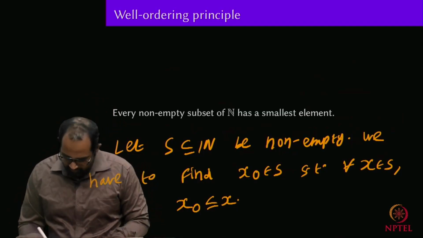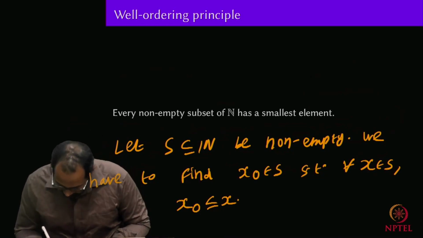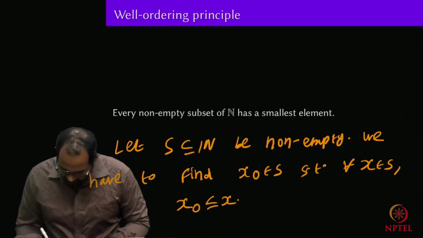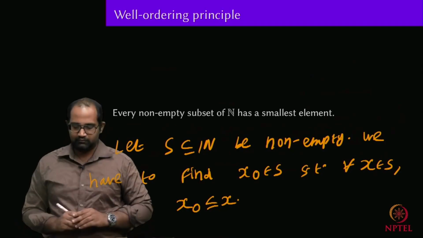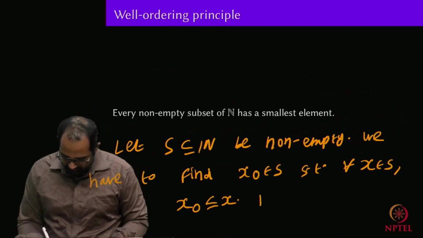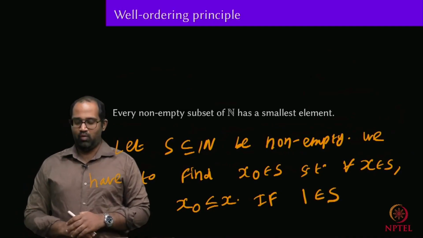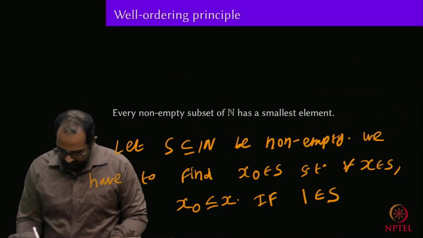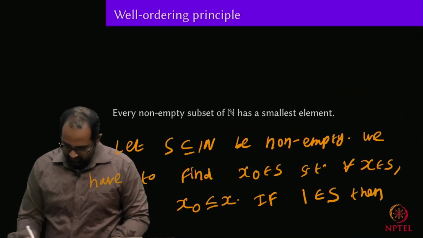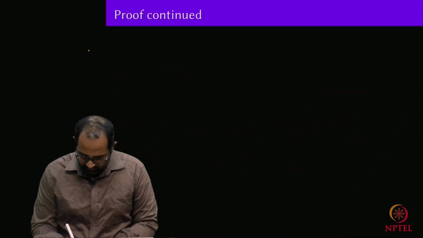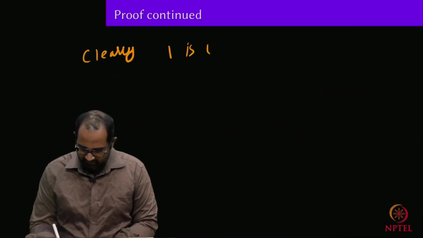Okay, so how do we reformulate this induction principle so that it is useful here? What we do is the following. If 1 is in S, suppose 1 is in S, then clearly 1 is the smallest element, right?